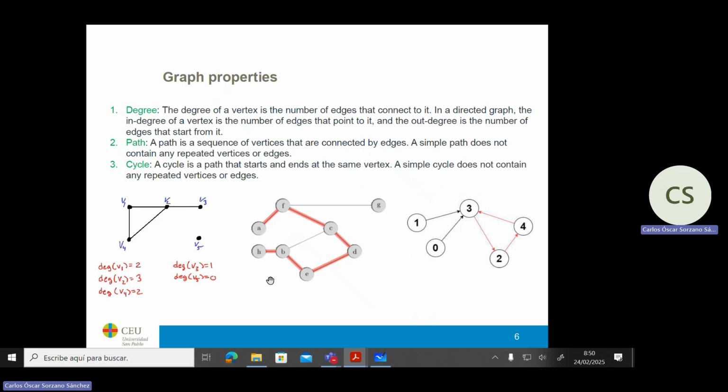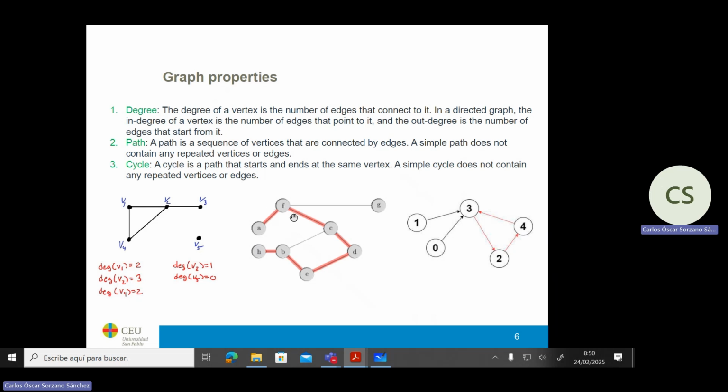Okay, so then you can define a lot of properties of graphs. For instance, you can count how many connections a node has. That is called the degree. So V1 is connected to V2 and V4, so it has degree 2. V2 is connected to 3 nodes, so it has degree 3, and so on. You can also define paths.